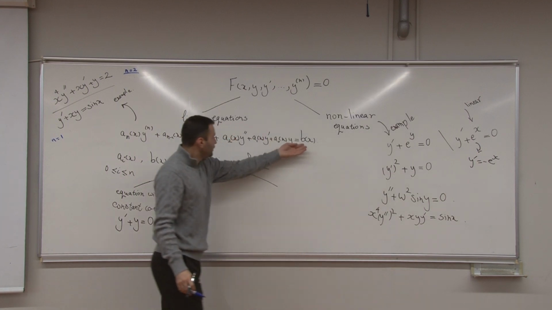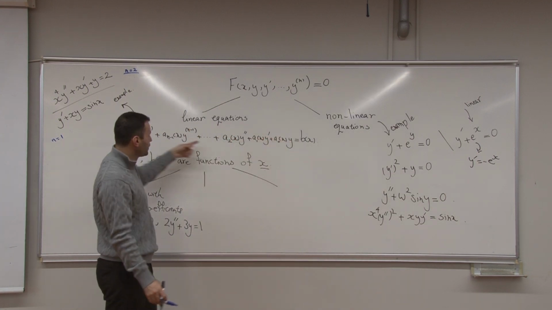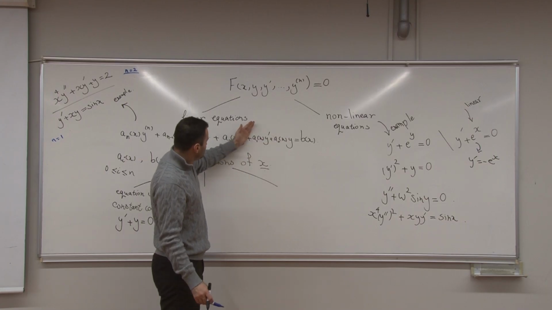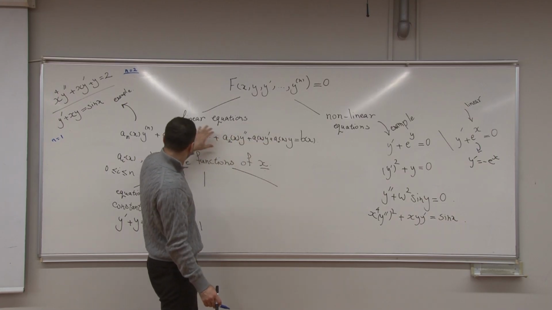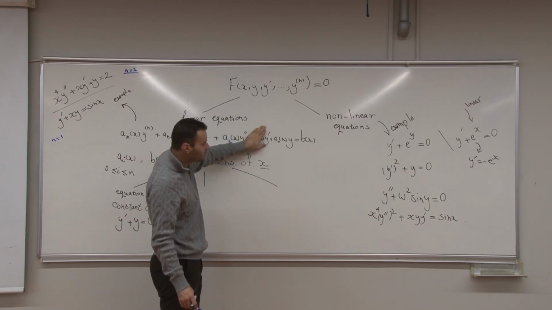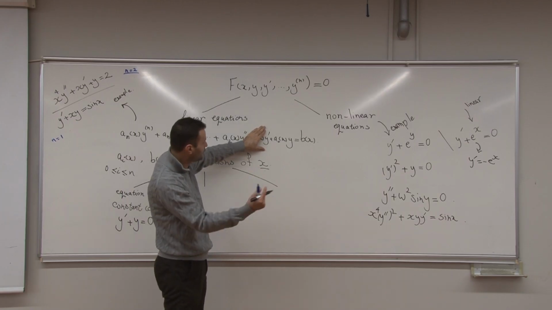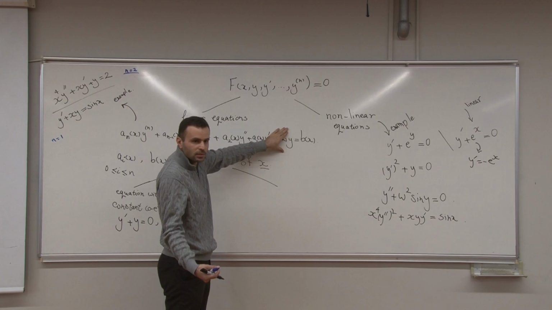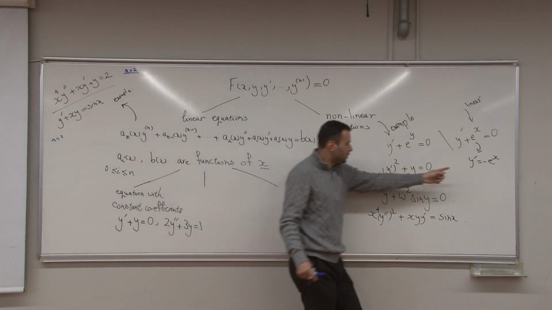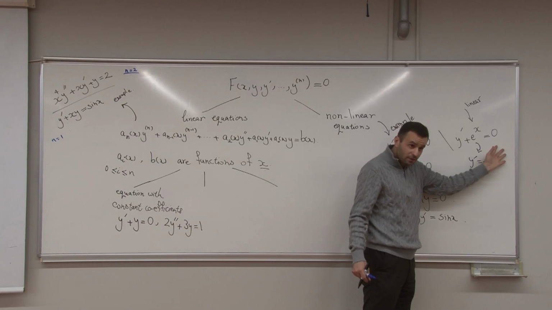What do we have? We have something looking very similar to this form. Our a2 up to an, they're 0. We do not have them. a1 of x is just a constant function, 1. a0 is the 0 function. And b of x is e to the power of minus x, a function of x.